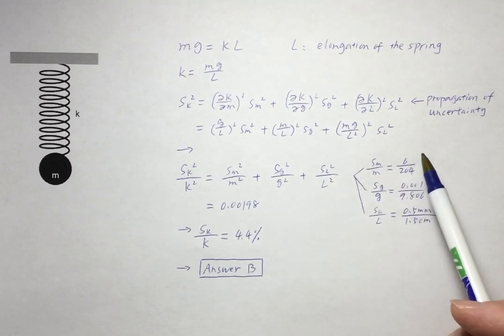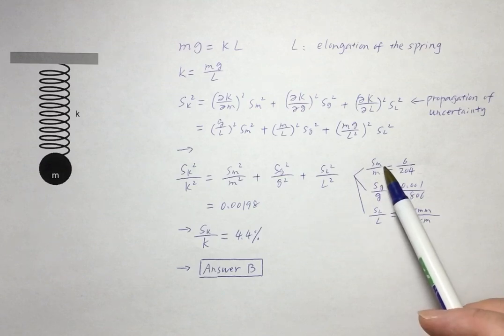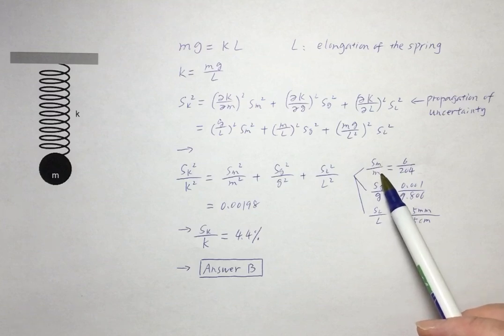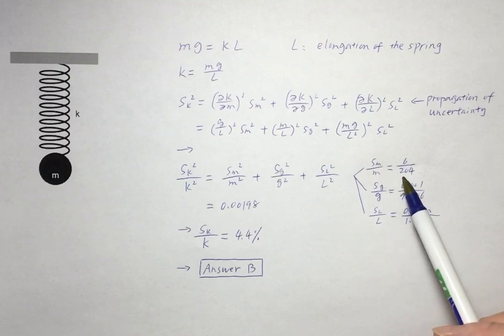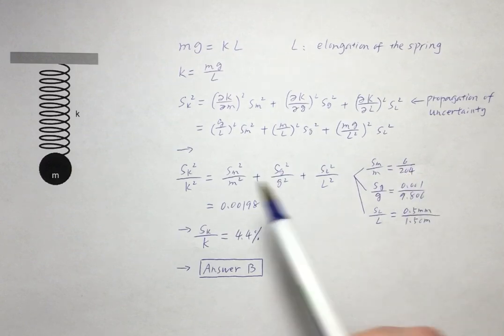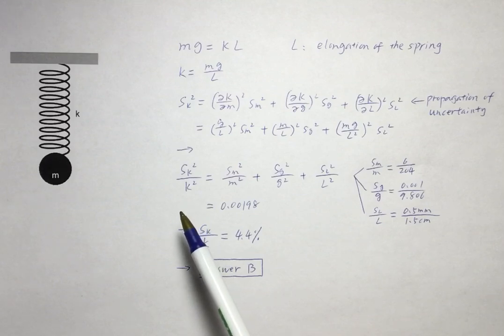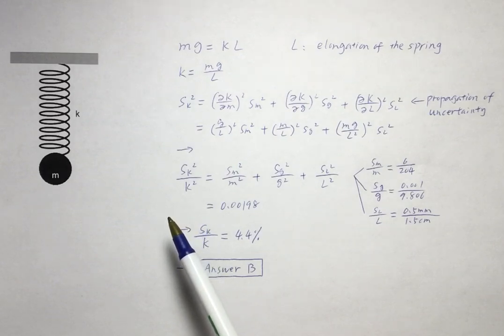We know that the error here, for example, s_m over m is 6 over 204, because they measured this weight twice. One is 198 grams and the other is 210 grams.